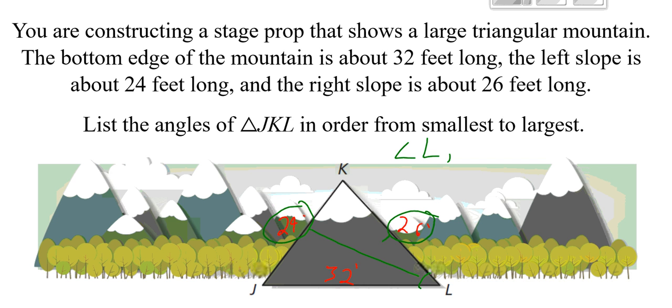The angle opposite that is angle J. So angle J is larger than L, but not as large as the angle opposite of 32. 32 is our largest side, so this angle over here is going to be our largest angle because it's opposite our largest side.